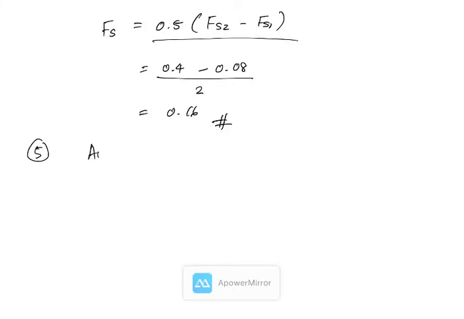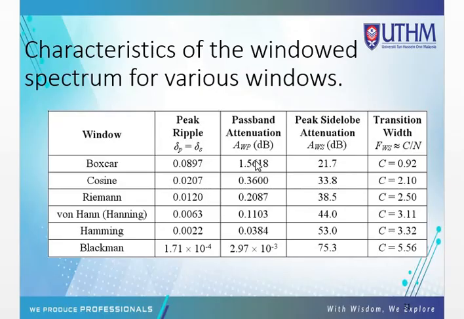Okay, so Aws must be more than As. As from the question given should be more than 45 dB. And Awp should be less than Ap. And Ap given is 3 dB. Now let's go to the table. If you look here, Aws should be more than As. As is 45, which means it should be more than 45.